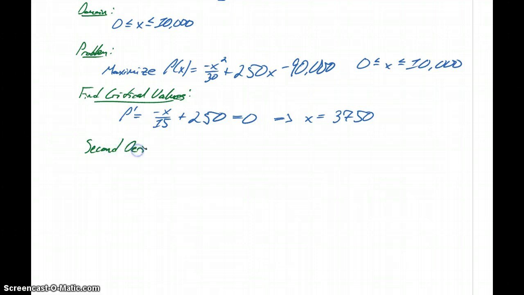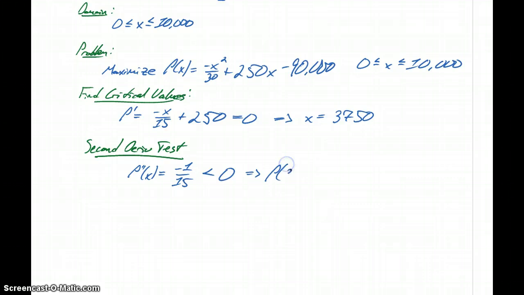We'll then apply the second derivative test. The second derivative is going to be negative 1 over 15, which again is less than or equal to 0 for all x, which implies that p of 3,750 is our absolute maximum.